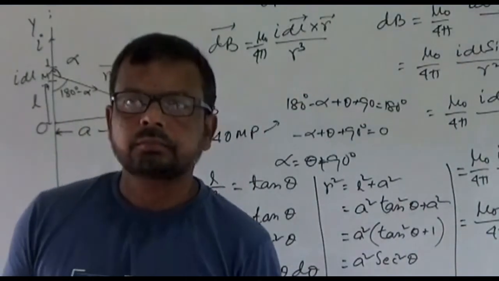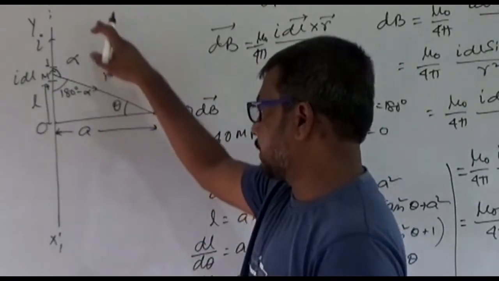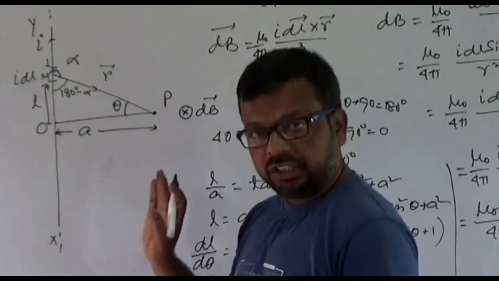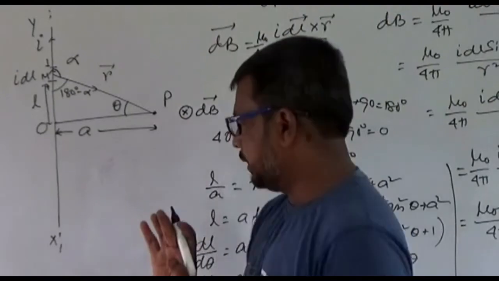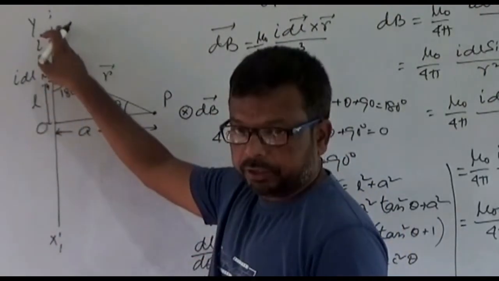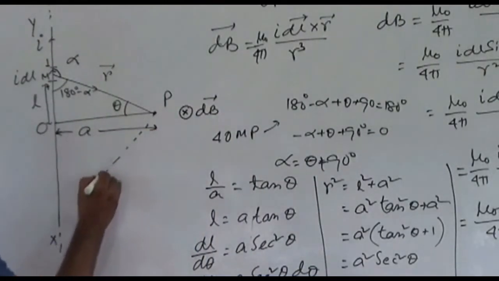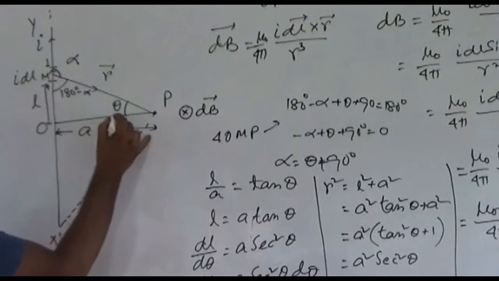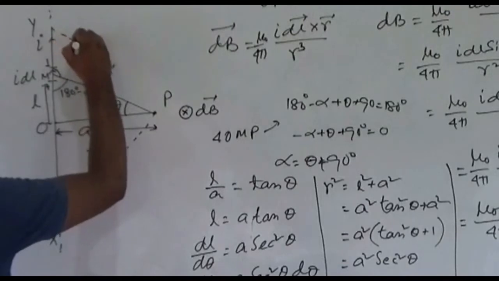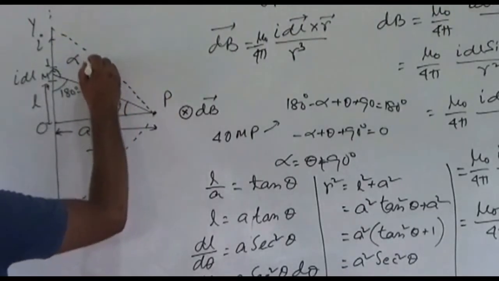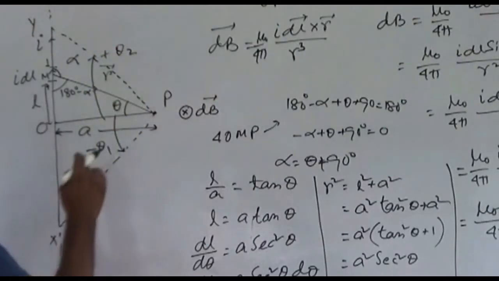Now, the magnetic field due to the entire conductor. First we take the conductor as finite, that means it is from point X to point Y. Let us say at the lower end point theta is equal to minus theta 1 and at the higher end point the angle is plus theta 2. Why is this minus theta 1?